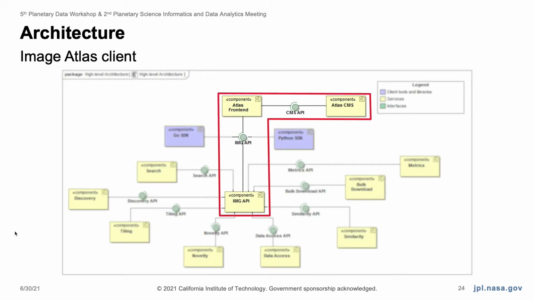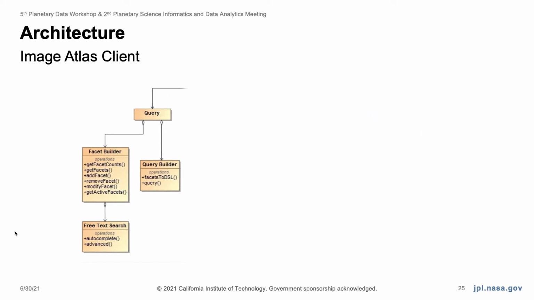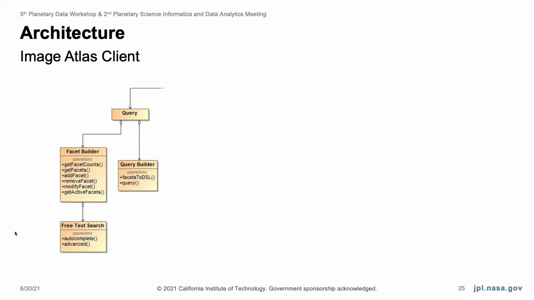Finally, I'm going to talk briefly about a use case that we have, which is the Image Atlas and how it interacts with the Imaging Node API. On the right here, we have the entirety of the Image Atlas's architecture, but for the purposes of this discussion, I'm going to zoom in on specifically the querying capability.